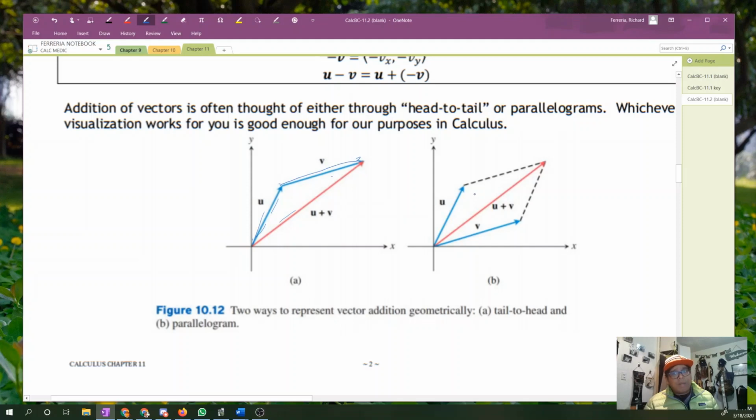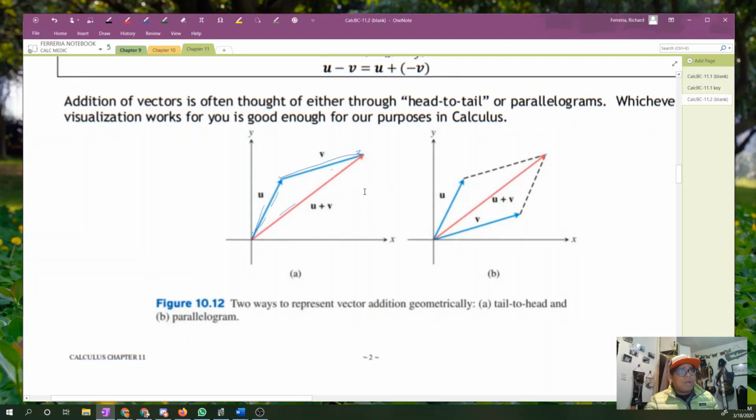There's this other one which I don't really use, but if you create a parallelogram with u and v, then u plus v is the opposite diagonal of that parallelogram. Either way is just kind of fine.